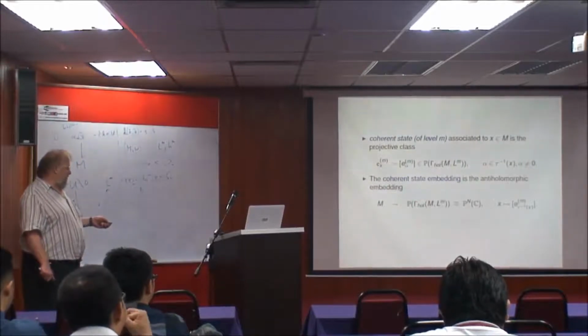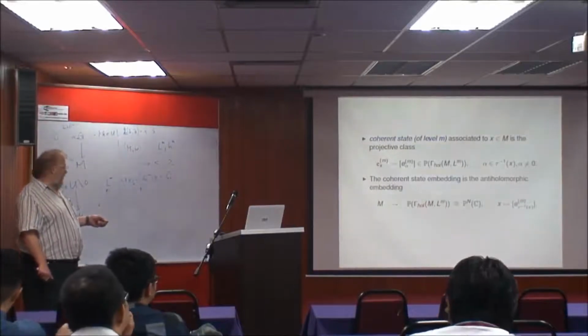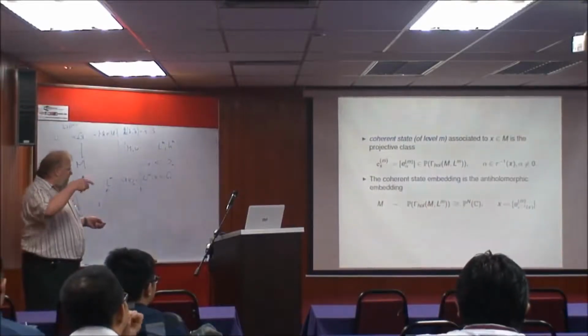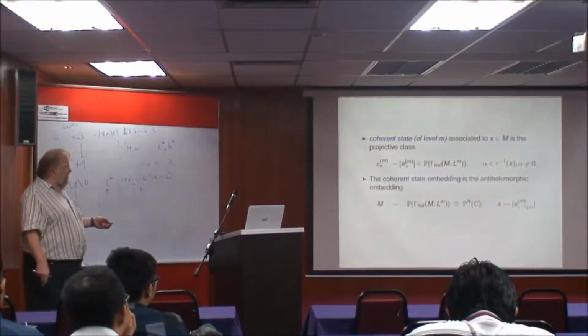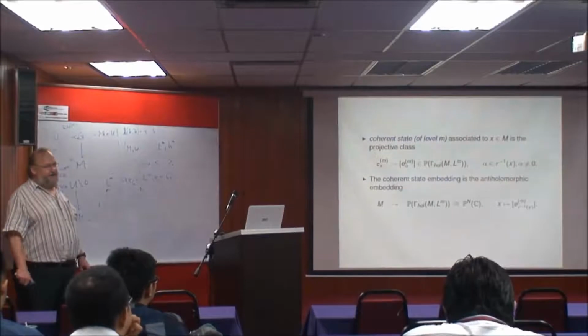This projective space is of certain dimension: we have the dimension of the space of holomorphic sections, and we take this dimension minus 1, and this is the projective space. This is what is called the coherent state embedding.